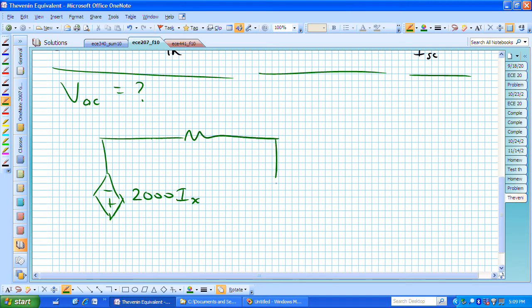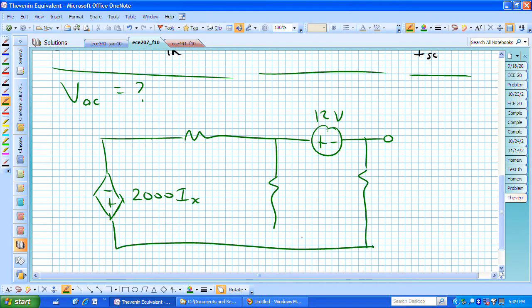To find V open circuit, let's open up nodes A and B. And here is now V open circuit. This was a 2K ohm resistor, this was 2K, this was 1K, and we have our I sub x flowing in the rightmost vertical branch.